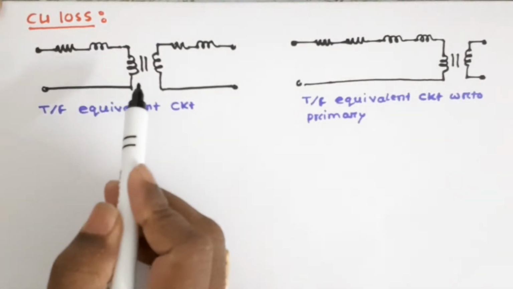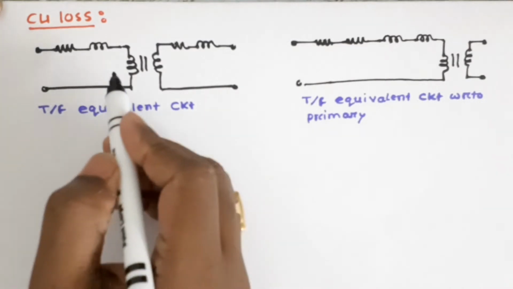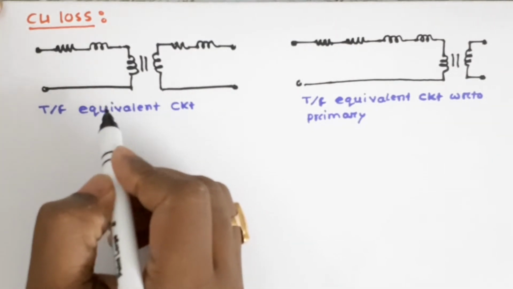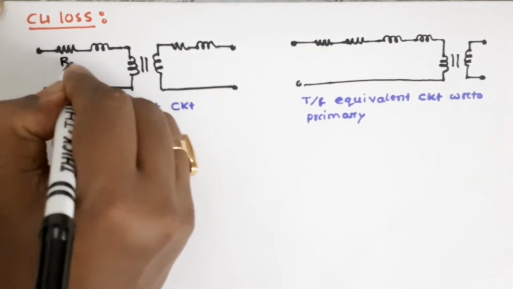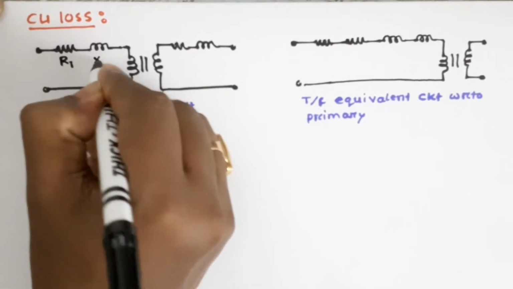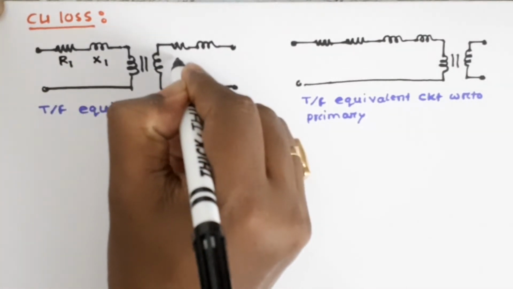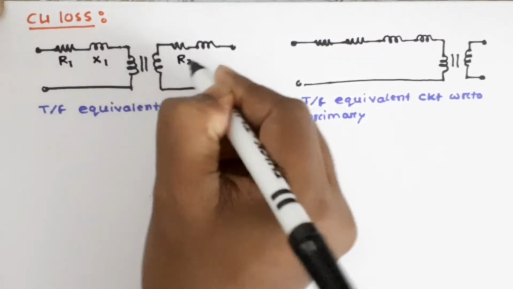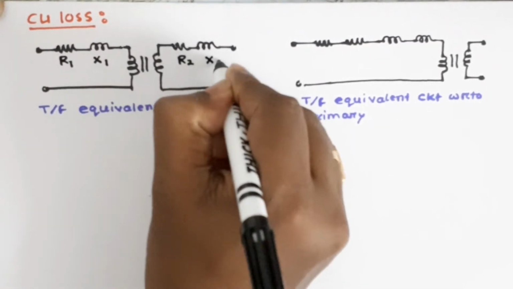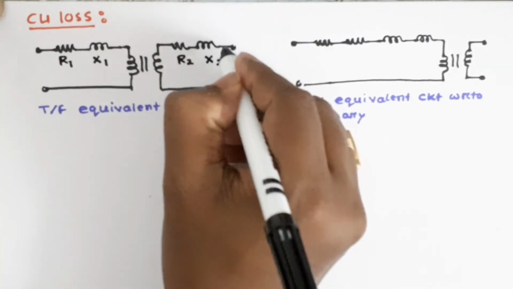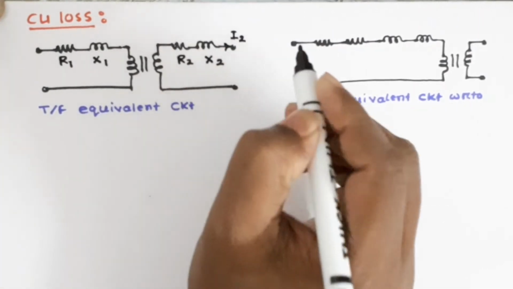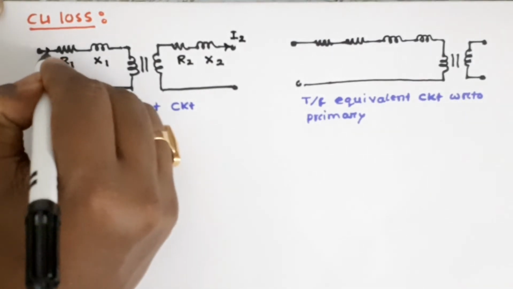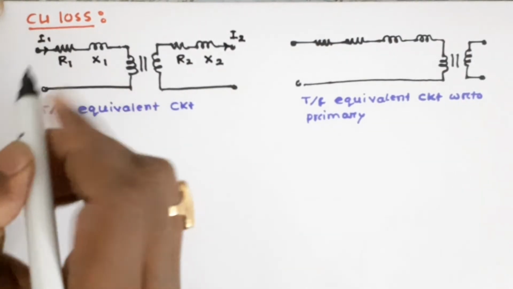This is the equivalent circuit of transformer. Here the shunt branch parameter has been neglected. Let the primary winding resistance be R1, reactance X1, secondary winding resistance R2 and reactance X2. Let the secondary current or load current be I2 and the primary current be I1.